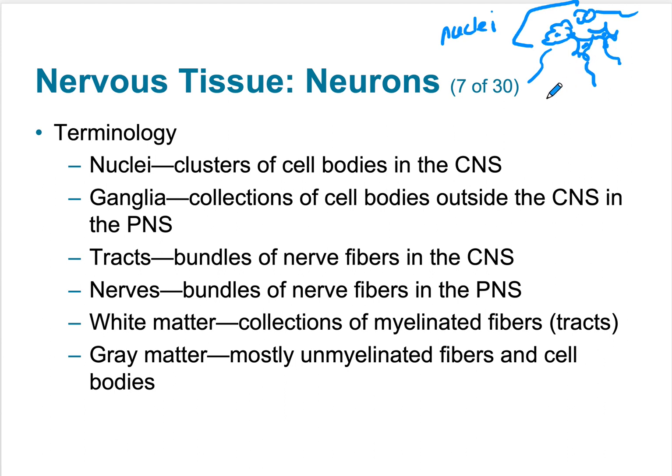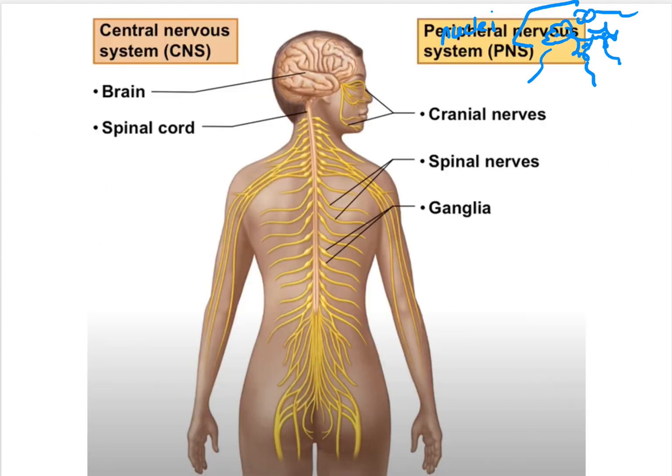When you have a cluster of cell bodies outside of the central nervous system, in the peripheral nervous system, we call that a ganglia, and I mentioned that before. Here, see these little bulges right here? That's called a ganglia, and what's found in there are clusters of cell bodies in the peripheral nervous system.